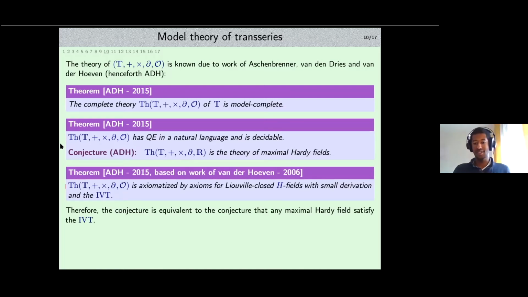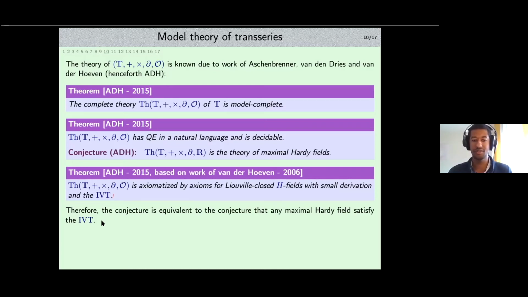So as I said, one way to axiomatize this theory is to ask for axioms of H-fields, with more derivation, and to put in the intermediate value theorem. Transseries satisfy the general intermediate value theorem for differential polynomials.